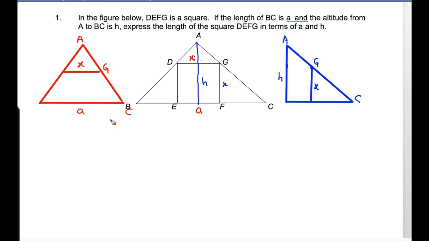This is a challenging sum on similar triangles. Let us first let x be the side of the square. We can see a pair of similar triangles from which we conclude that the ratio of the corresponding sides x over a equals AG over AC.